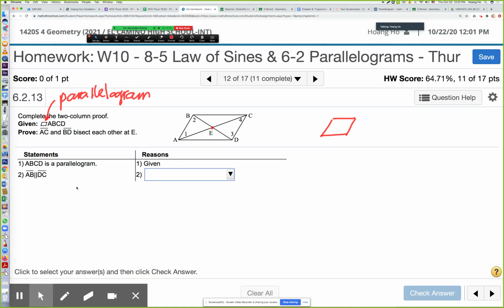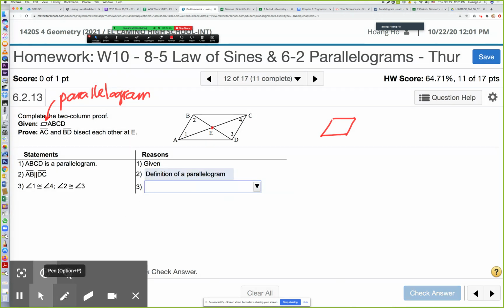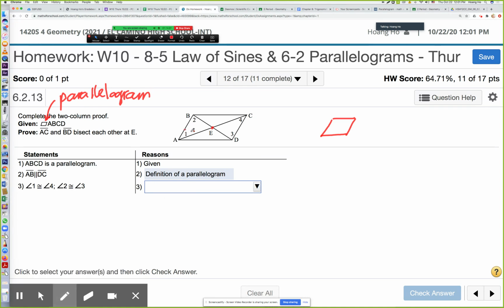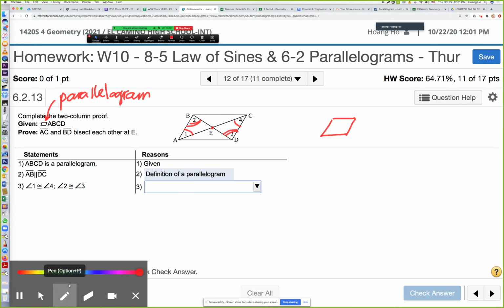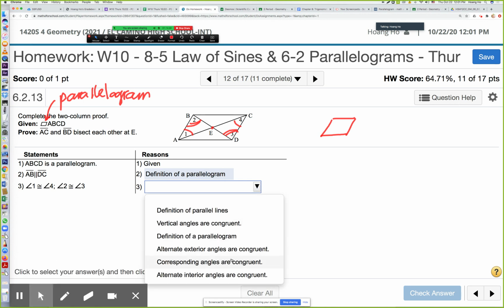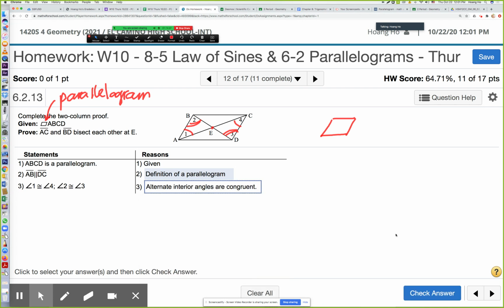ABCD is a parallelogram, given. So AB is parallel with DC. This is the definition of parallelogram. Angle 1 and angle 4 have to be congruent to each other because they are alternate interior angles, and similarly angle 2 and angle 3 also equal each other because they are alternate interior angles. So let's see the options over here, alternate interior angle.